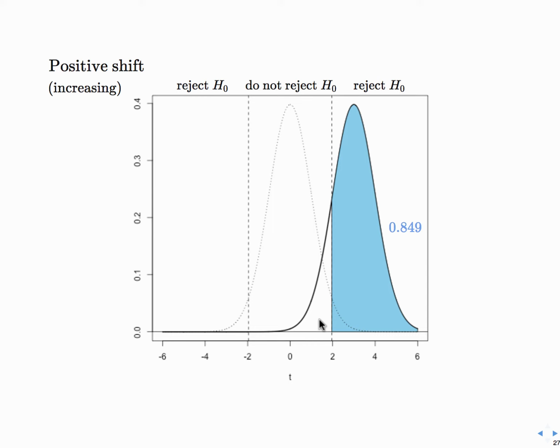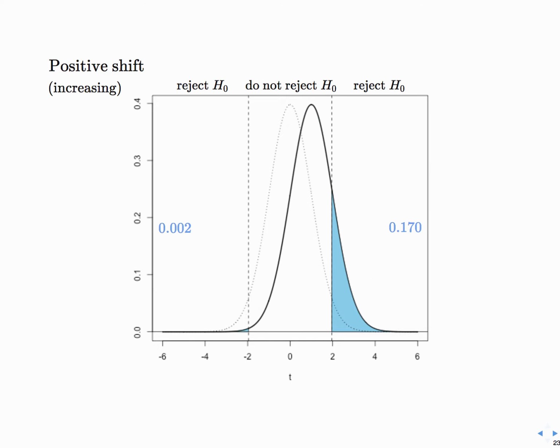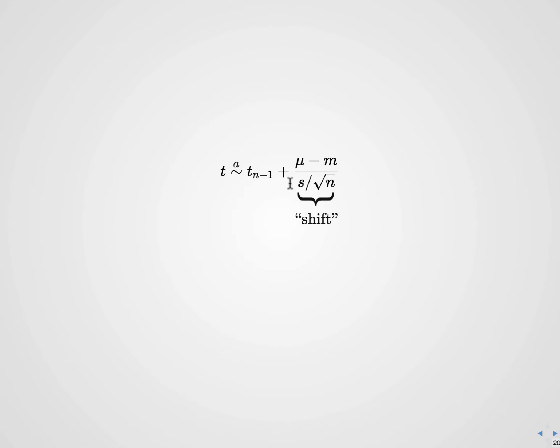And what we're learning from this kind of picture is that the probability of making a type 2 error gets smaller as this shift gets bigger. So if we are testing a null hypothesis where the value under the null hypothesis is very close to the true value of the population mean, then it will be very difficult.